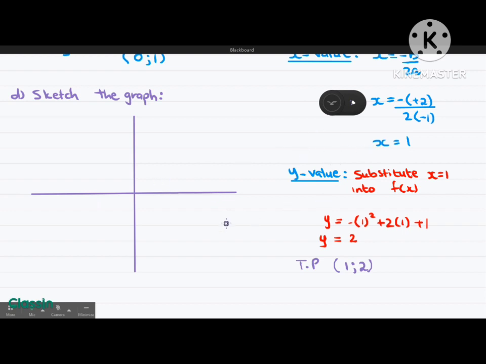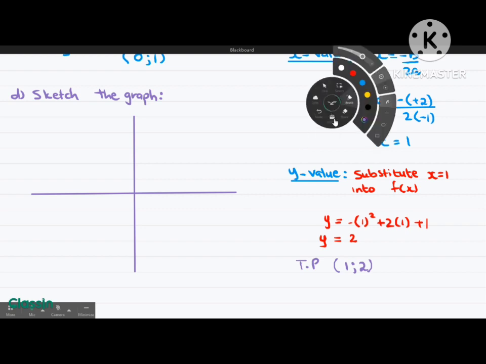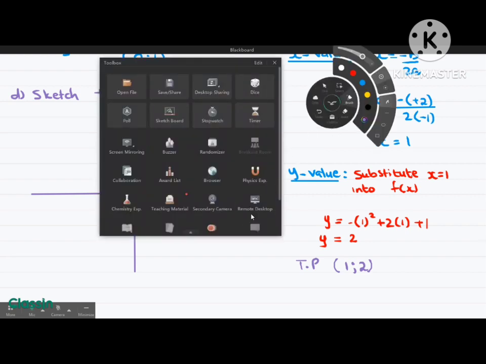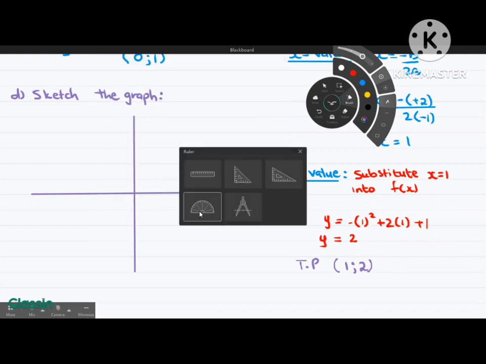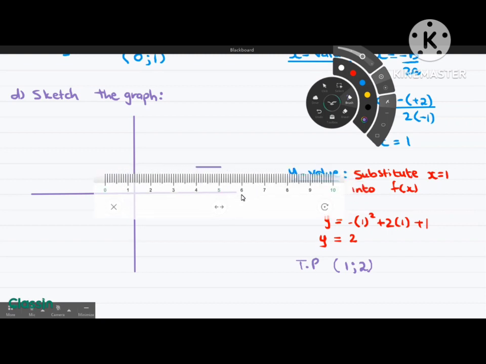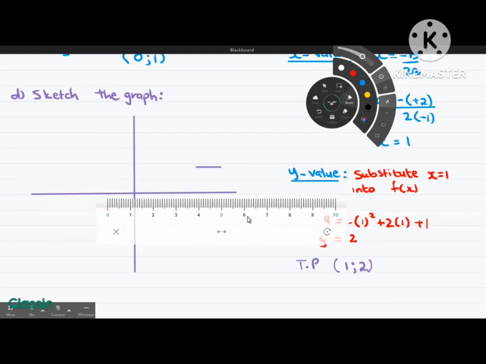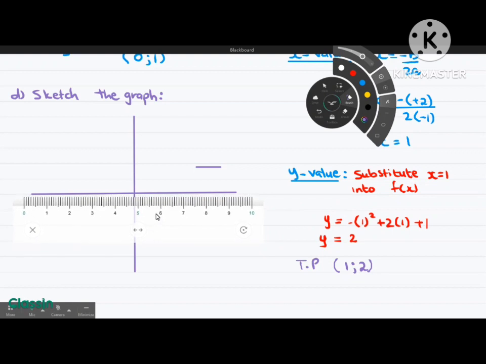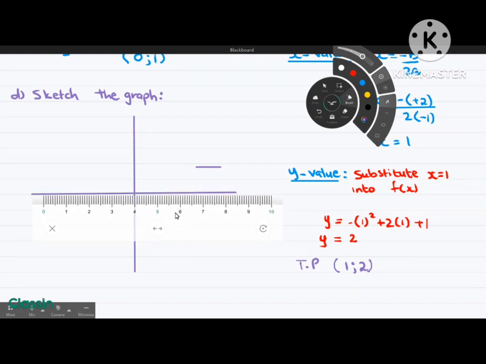Now, what is the advice here? The advice is that every time you draw a graph, you must always make measurements. And your measurements throughout must be constant. So this means that I'm going to put my ruler at 4, and then I will start to make the readings.